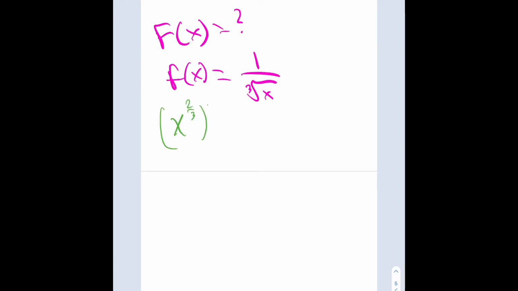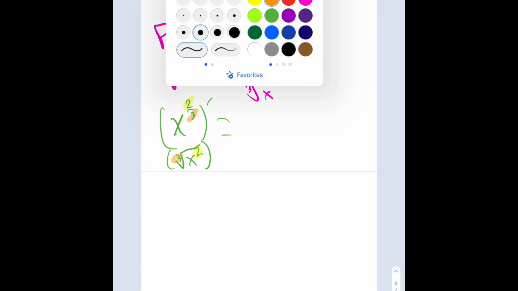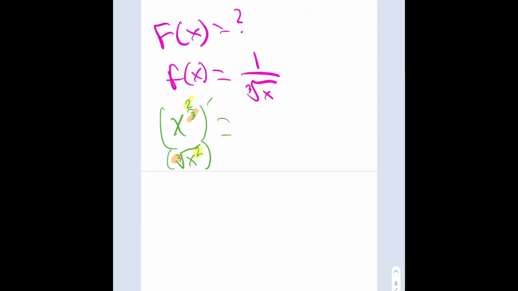If I were to find the derivative of that, this is really the same thing as the cubed root of x squared. So again, remember how we can turn these from radical signs to exponents and keeping certain things the same.